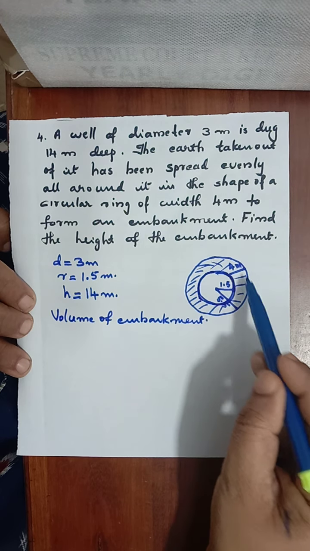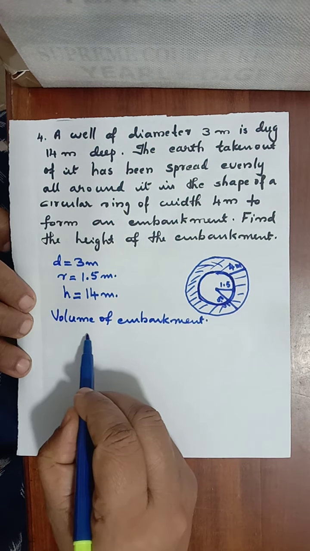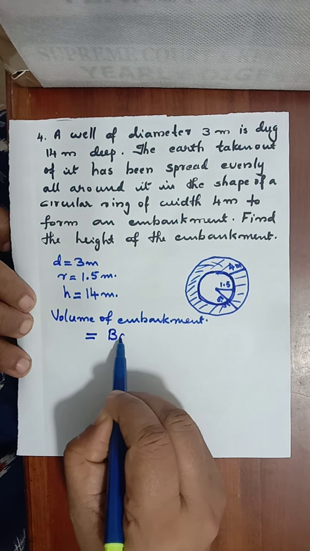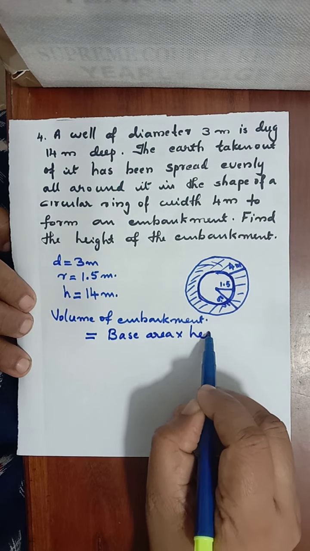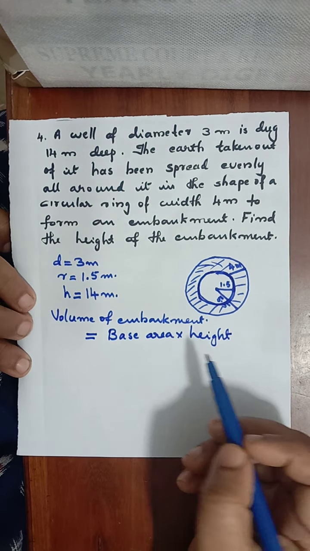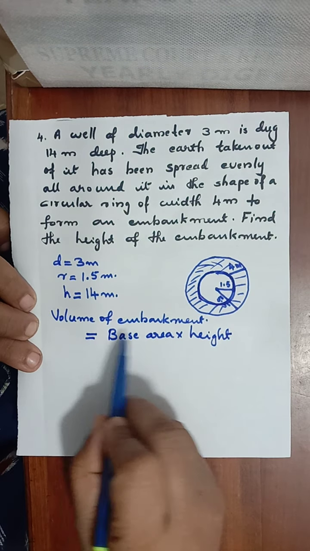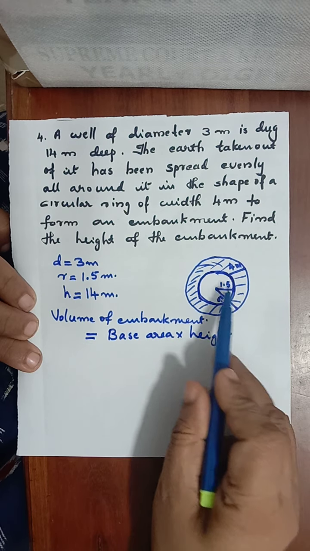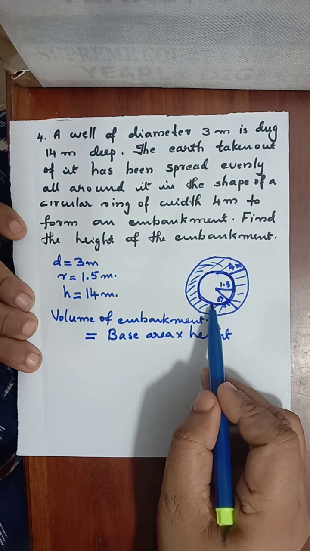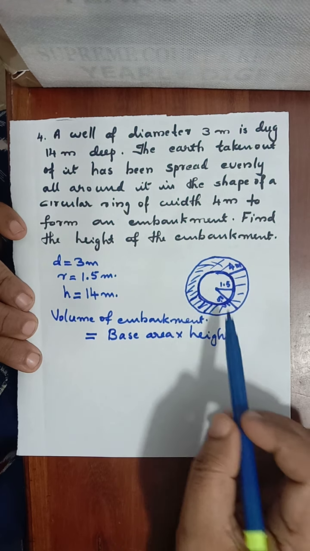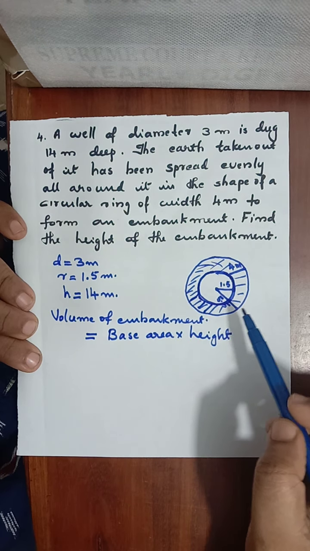Volume is always base area into height, that is the basic formula for volume. So the volume of this also will become base area into height. How do we get the base area? The base area is the shaded area here.